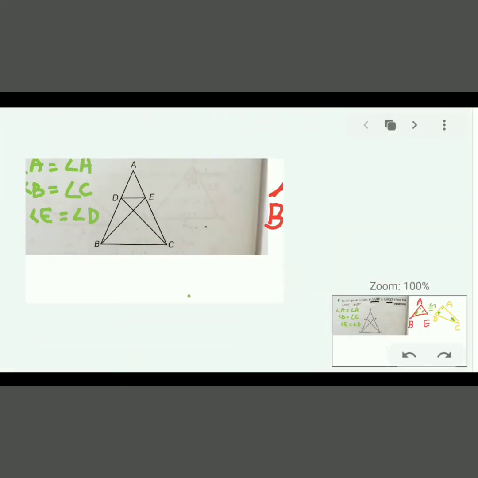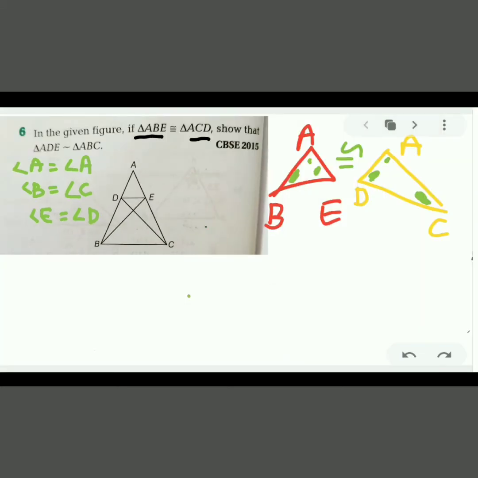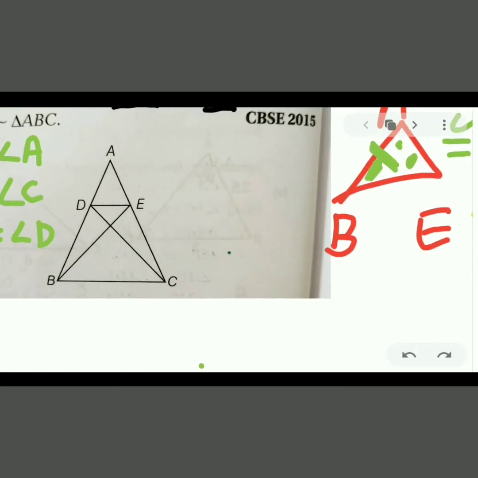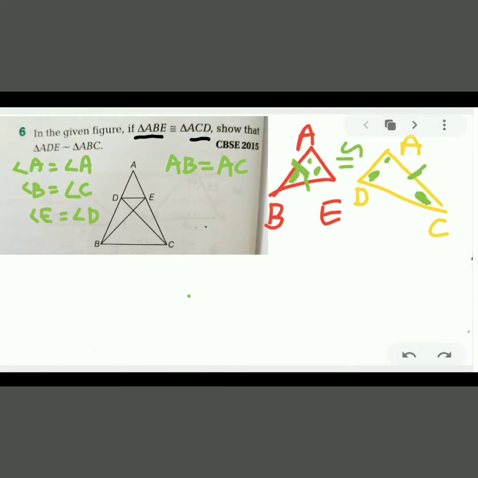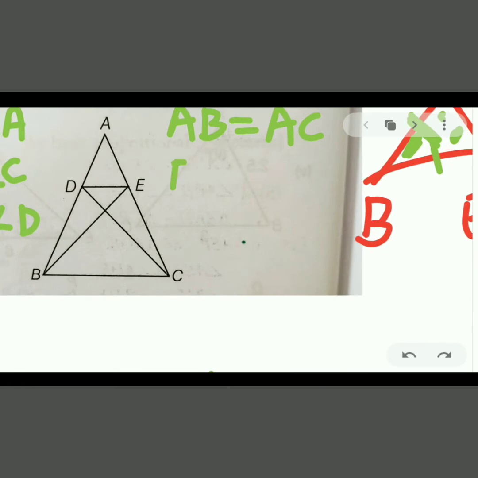So here we wrote three things. Now another three things we can write: side AB is exactly equal to side AC. Then BE is equal to DC.